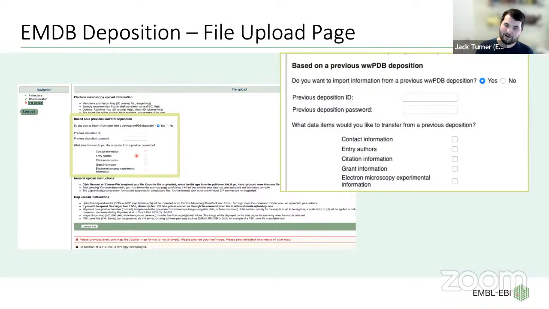So you'll need to sign out of this deposition, go to the deposition you want to pull from, sign into that so it regenerates all the files, come back to this deposition session, and then run this, and it will pull everything across. If you don't do that beforehand, it will allow you to still fill out the deposition ID and password and all of this, but it won't actually pull any information across because the files just aren't there. If you do want to do this, you need to do this during the initial file upload step. This option will disappear once you've done the initial file upload step.